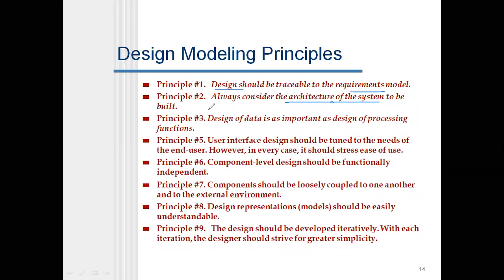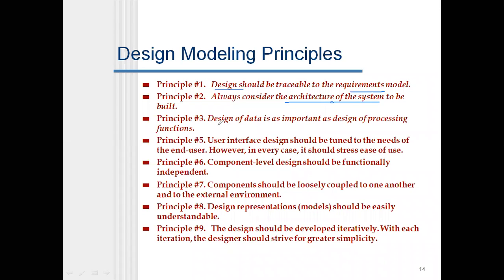So that's why we should take care about whatever we are designing, or the design constraints related to some particular function. First of all you should think whether it is suitable to that particular architecture or project or not, right? That is the second principle.